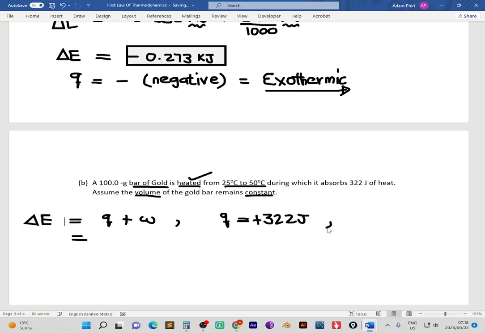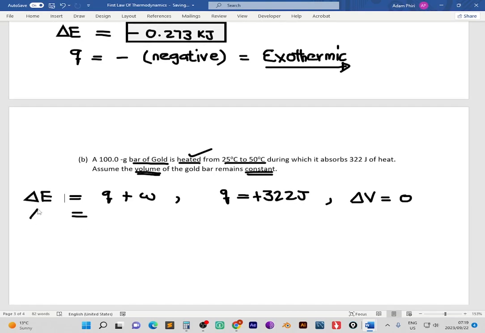And then once again it absorbs, so remember that it gained heat; when you absorb energy, temperature goes up, so that means it's a plus. Then the change in volume is 0 because the volume is constant as above, and we are left with only the internal energy that it absorbed, which is 322 joules.